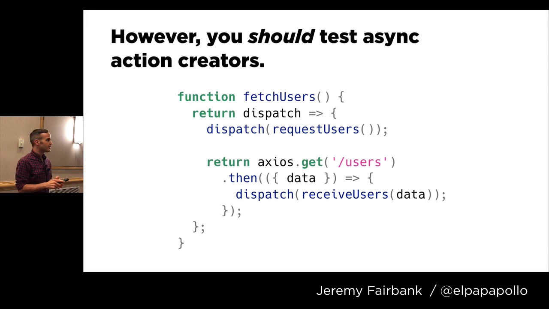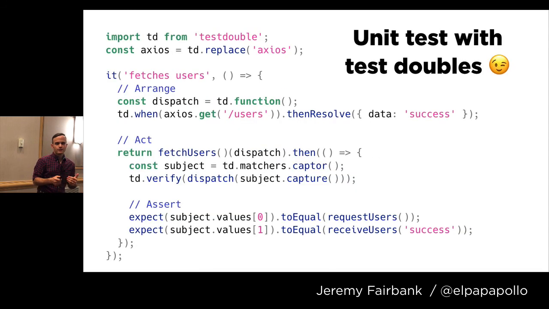However, you should definitely test the asynchronous action creators like the Thunk middleware, because there's a lot more business logic going on there that you want to make sure you capture. So the approach I like is to do a unit test, but do it with a lot of test doubles. The main reason for that is you want to make sure you are testing the unit.